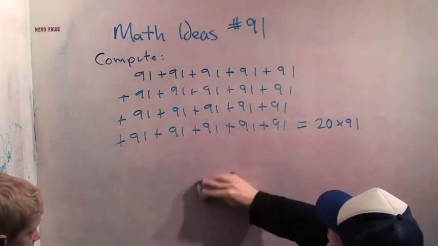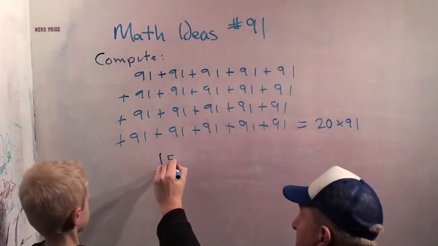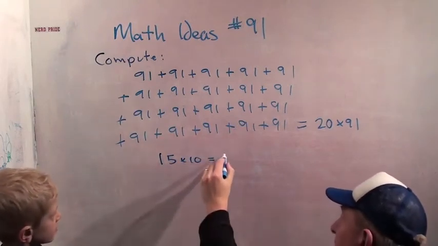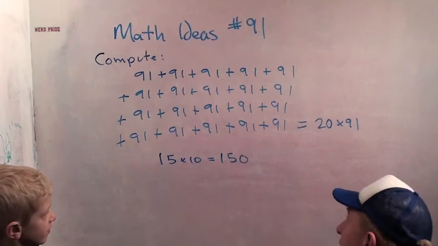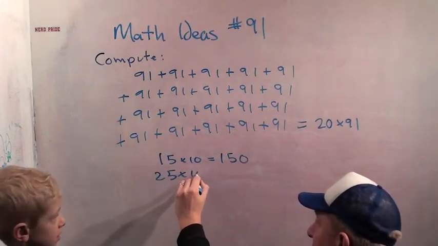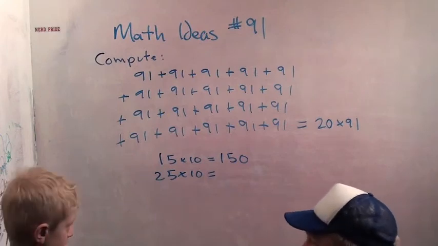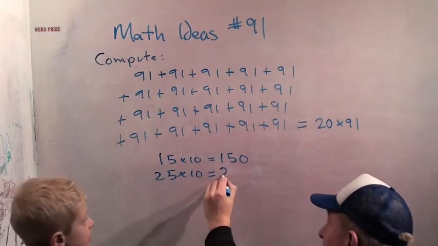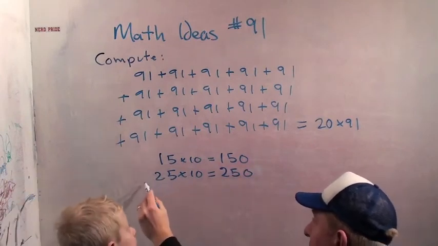And that's a neat pattern, so it becomes pretty easy to compute 15 times 10. We just add a 0 to 15 and we get 150. What do you think 25 times 10 is? 250. Good job.